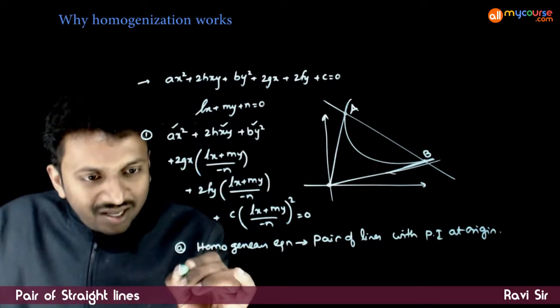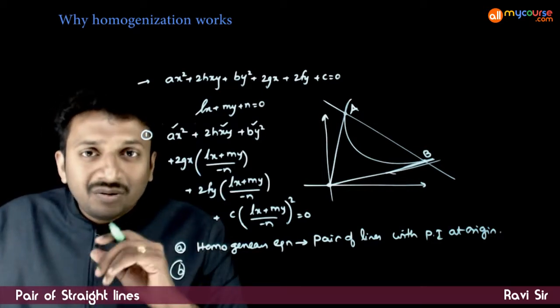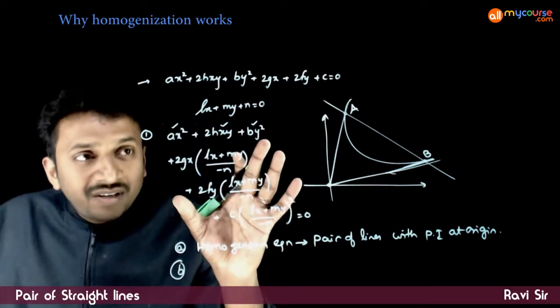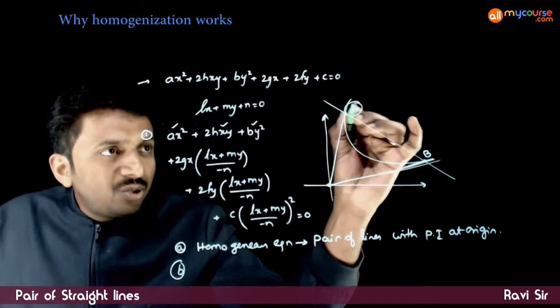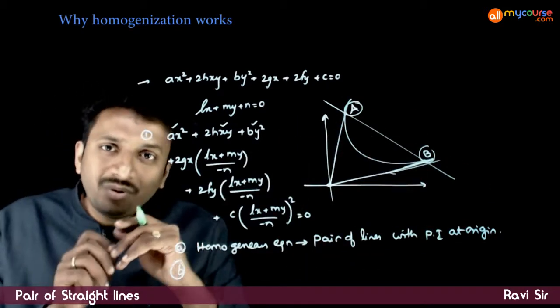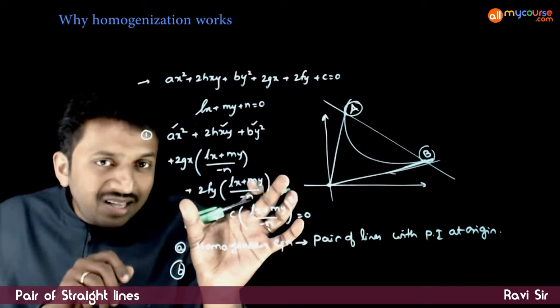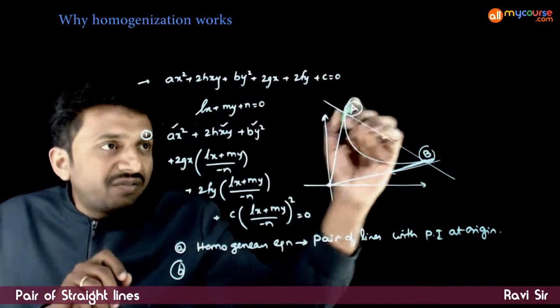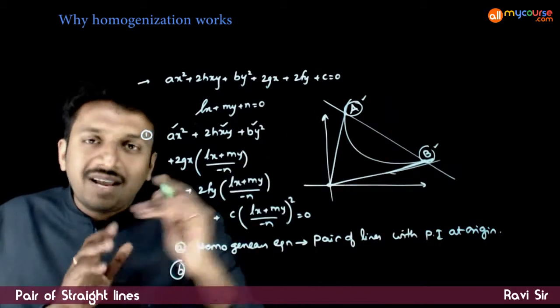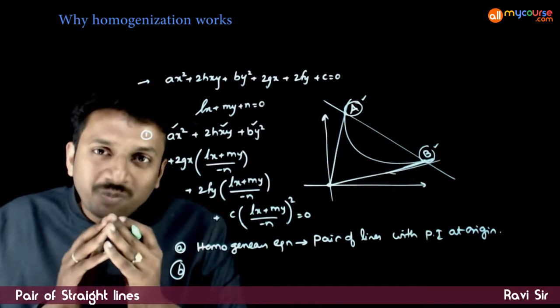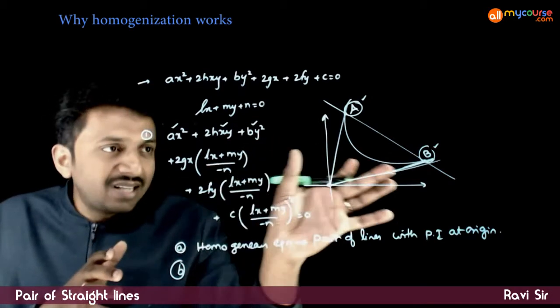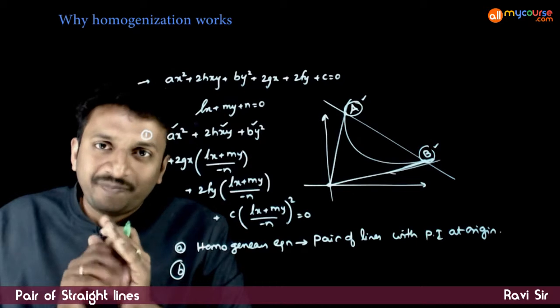Now the second point is, does this pair of lines pass through these 2 points? If I can prove that this equation gets satisfied by these 2 points A and B, does it prove that this pair of lines are this pair of lines? Yes.